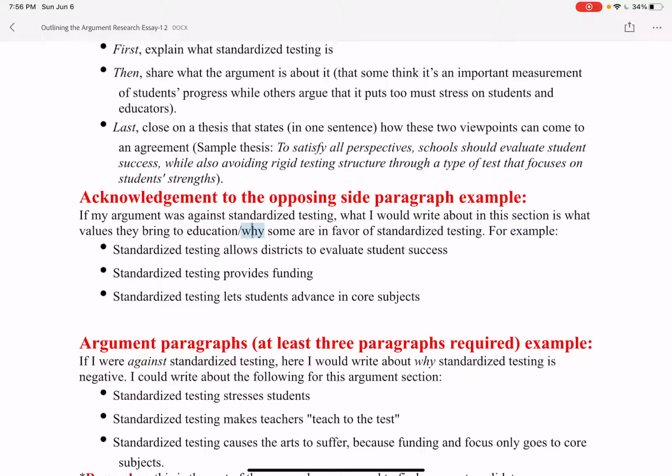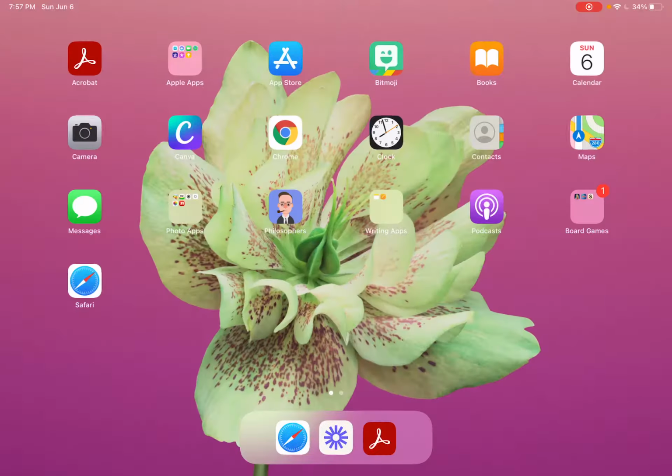It's a way to put yourselves in somebody else's shoes. So maybe I'd say different perspectives, so that standardized testing allows districts to evaluate students' success. It provides funding for schools, and it lets students advance in their core subjects. So those are different perspectives that I'm sharing on why they are valid in the education world. So that would be the opposing side paragraph.